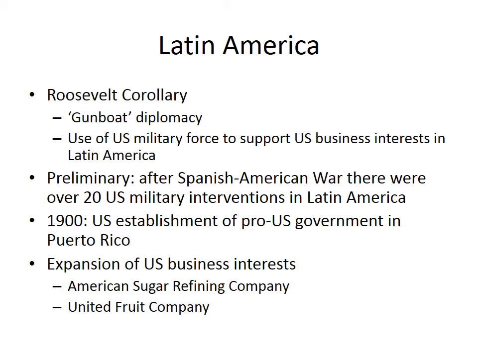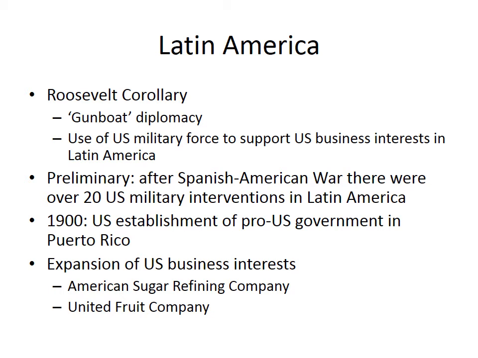It initiates what famously is referred to as gunboat diplomacy. What it stipulates is the use of U.S. military force to support U.S. interests in Latin America, most notably business interests. And so this is going to initiate an era over the next 20 years of U.S. military interventions in Central America and South America, all of which are in pursuit of U.S. business interests.